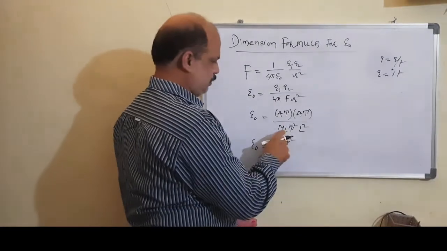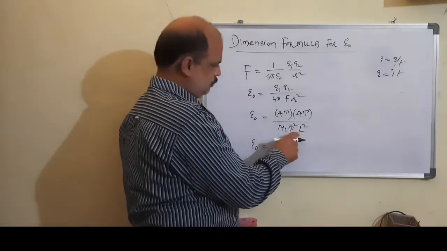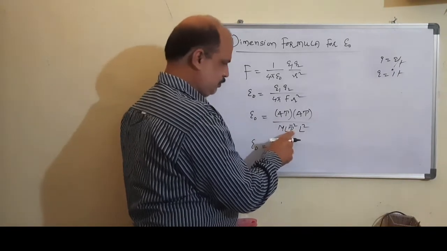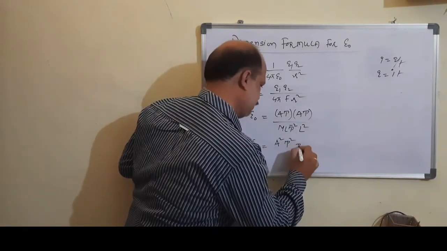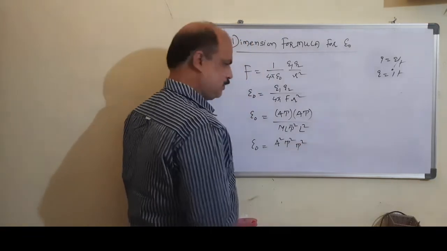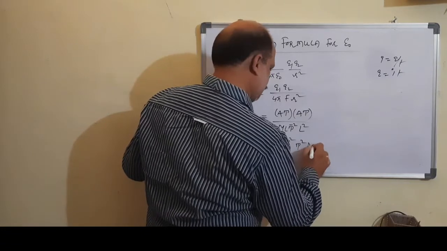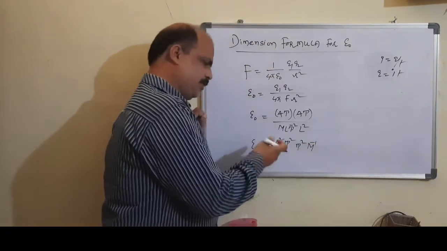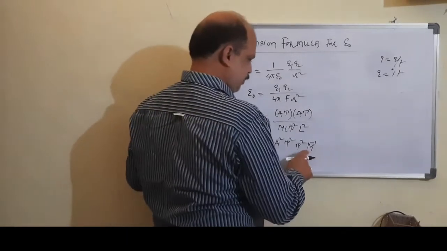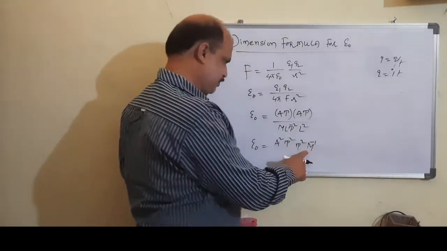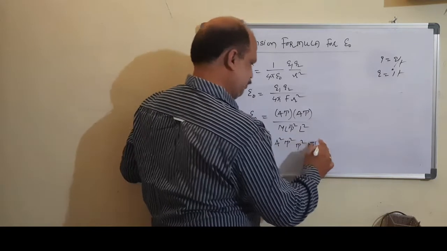Here L into L square, how much? L cube. T to the power of minus 2: bring this T to the power of minus 2 to the upper side, that is equal to T square. So here M power 1, if we bring that M to the numerator, it becomes M to the power of minus 1. And also L into L square, here L cube.